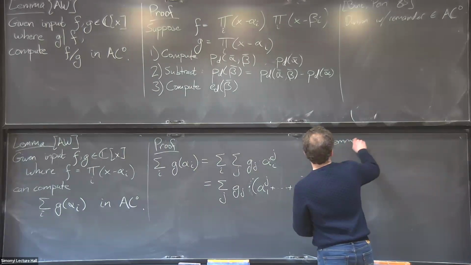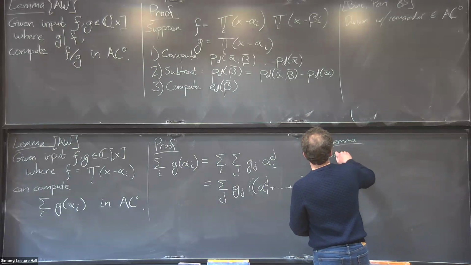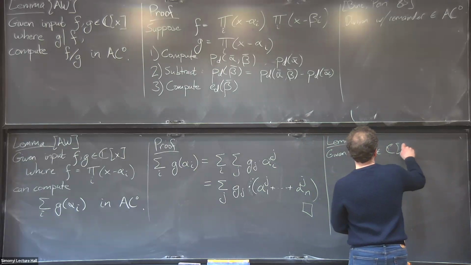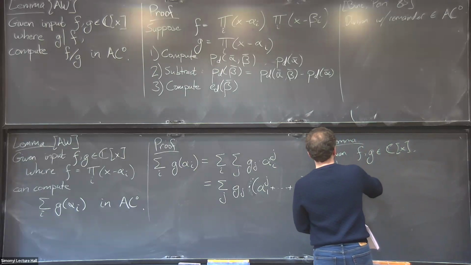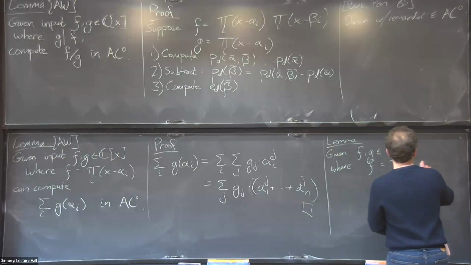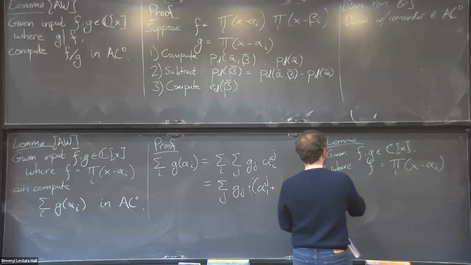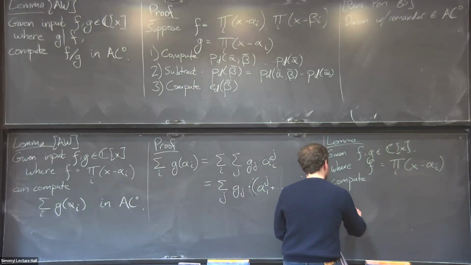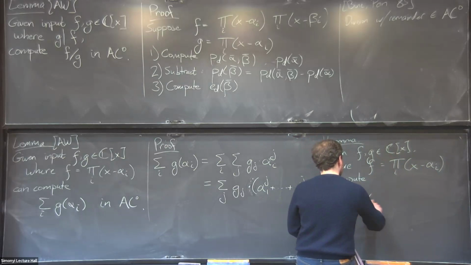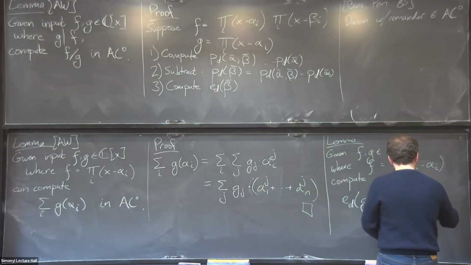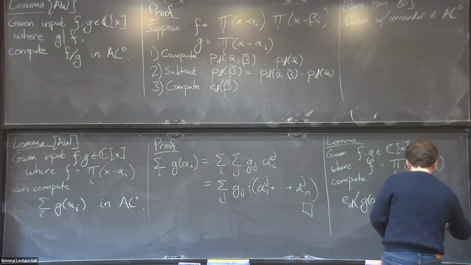And here's another result. So again, we're given f and g, where f has roots alpha i. We can compute now any elementary symmetric function of g evaluated at the roots of f in AC0.